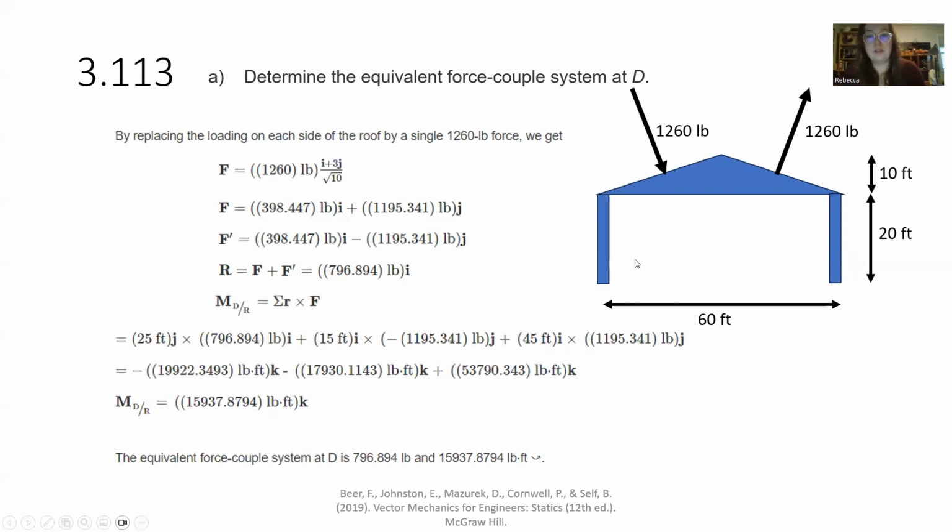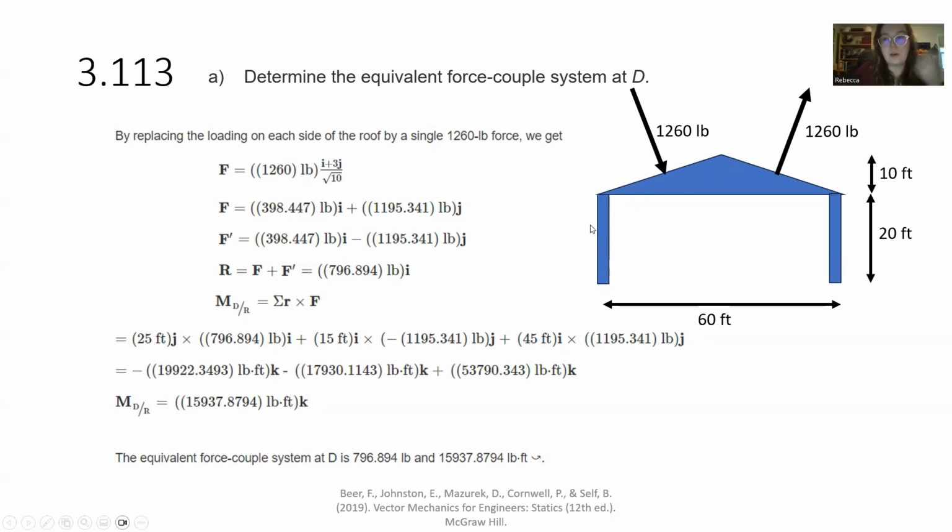What we can do then is create a unit vector that describes the position from D to each of the points of application of these forces. Do the cross product of that to get the moment. The other thing you could do is separate each force by its perpendicular distance. So you could do that manually if that's easier for you, because we already have them broken up into their x and y components.